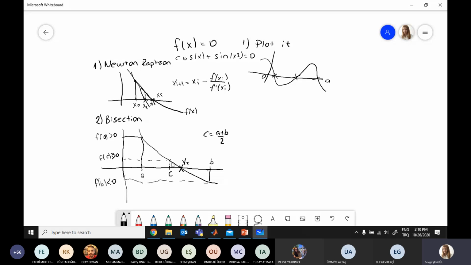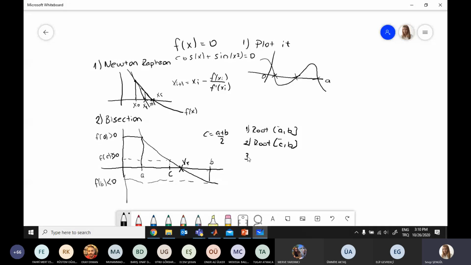So as the first iteration, the root is between a and b. For the second iteration, the root is between c and b, because c and a have the same sign. So I updated a to c.